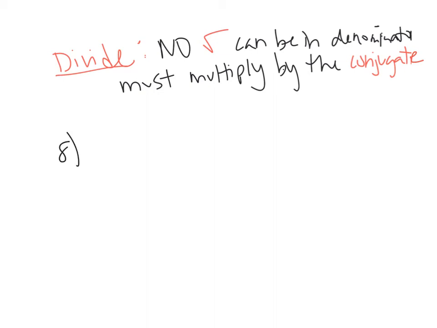So your division example. What if we have 3 square root 2x squared over root 5 minus square root 2. Our goal is to simplify this, get it as small as possible.